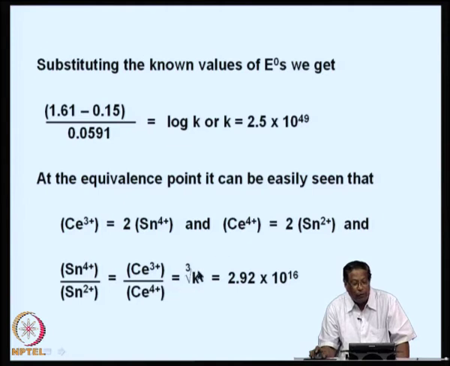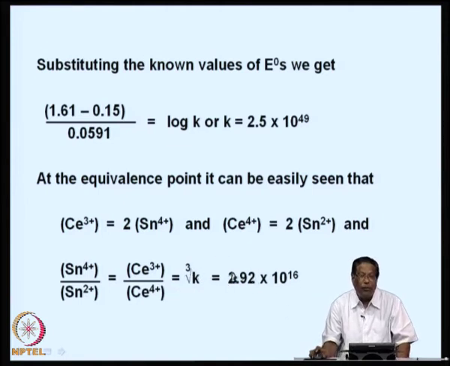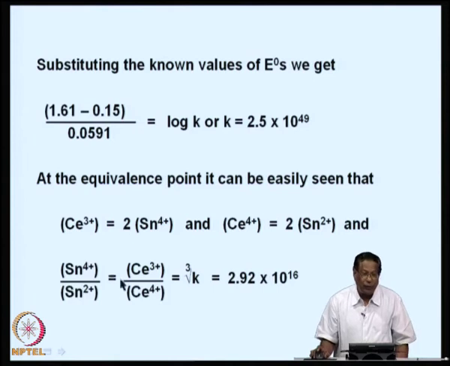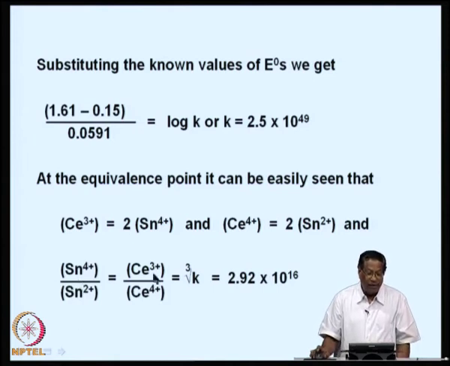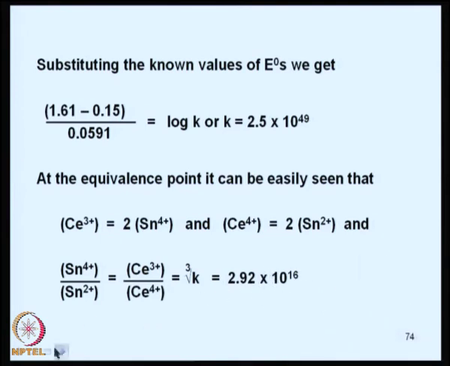So, the cube root of this corresponds to the concentration ratios of stannic to stannous and ceric to cerous. So, the species concentrations you can easily calculate at the equivalence point.